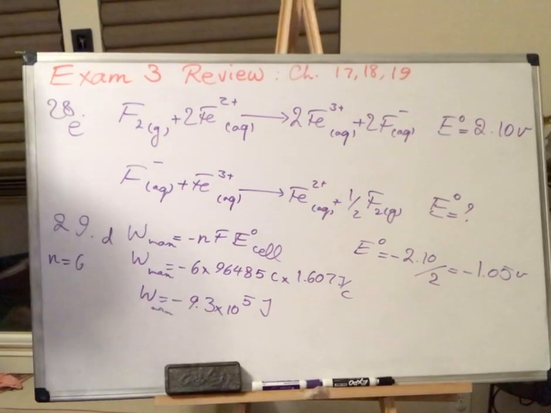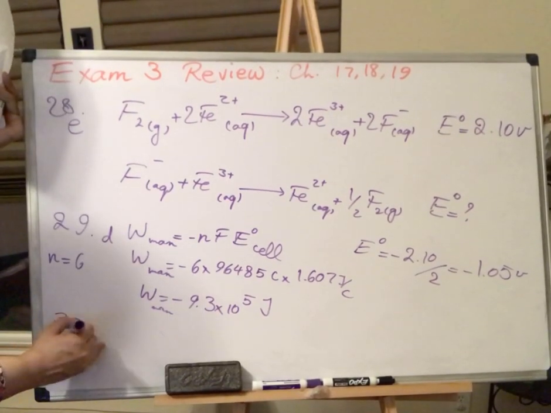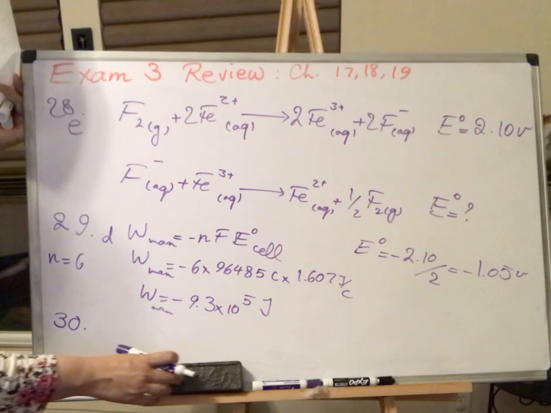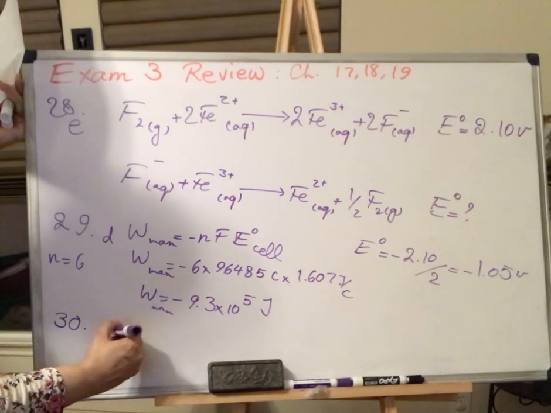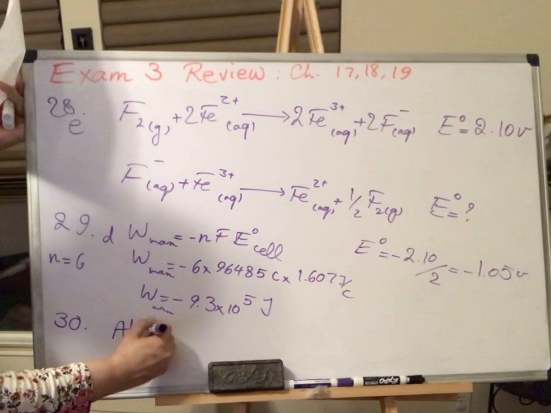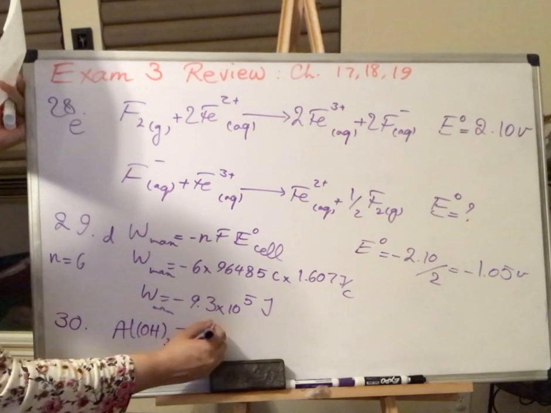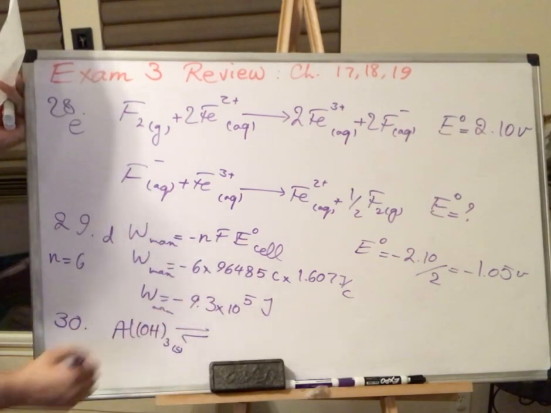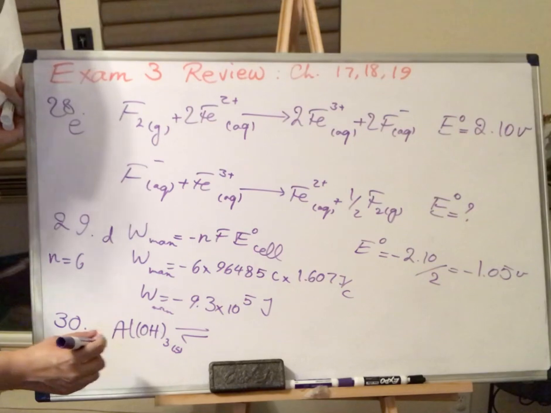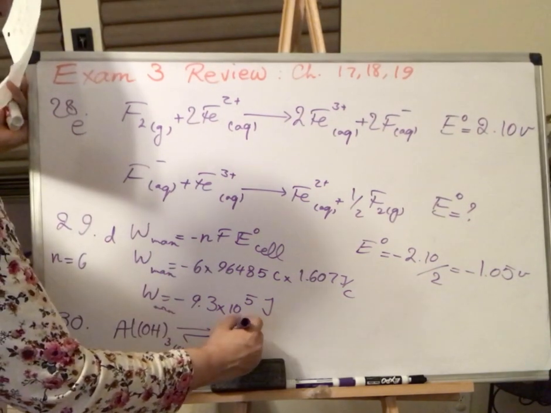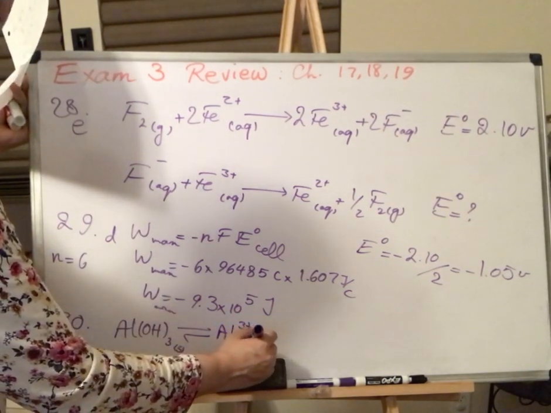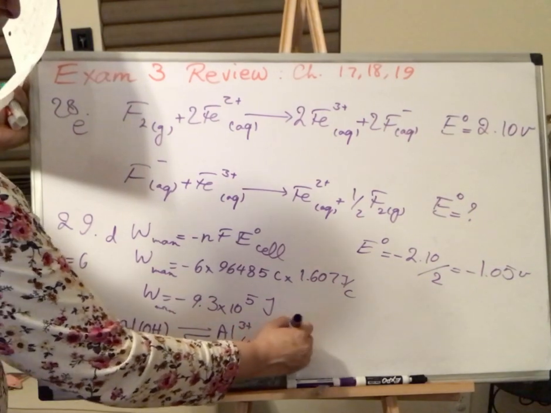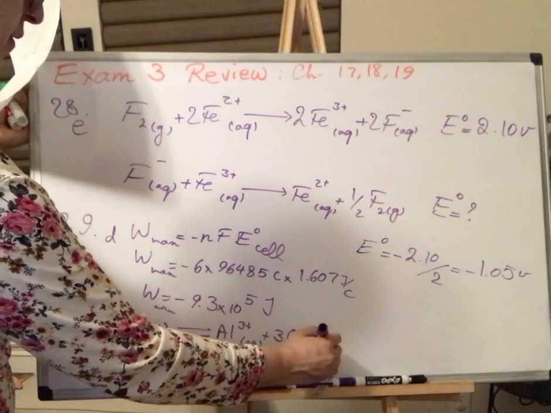And question 30, it does not need any calculations. It is giving you the aluminum hydroxide, and is asking for how to write the solubility product expression. Al3+ plus 3OH negative.